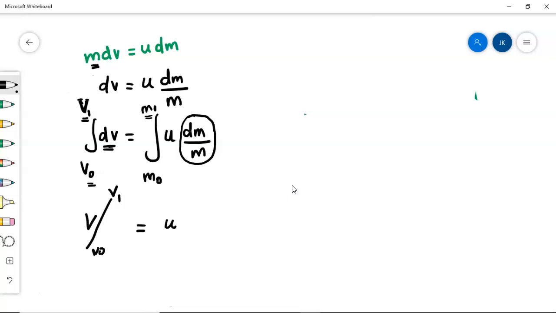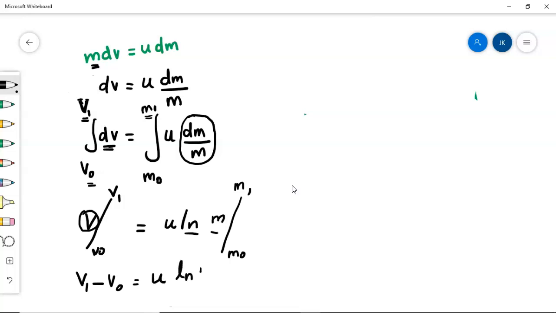So here the value of the integration will be ln m, and the limits are m0 to m1. We are going to apply these limits. When you apply the limits, the upper limit minus the lower limit is equal to u, ln of the upper limit m1 divided by the lower limit.